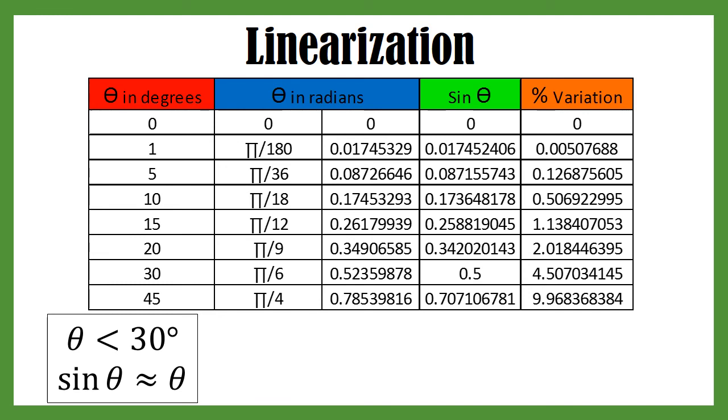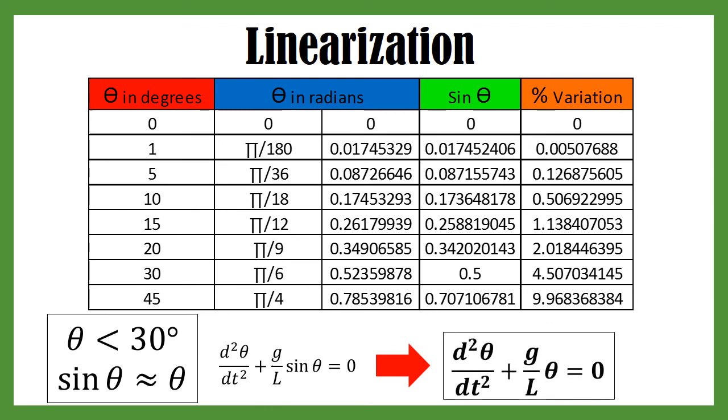Finally, we can substitute sine of theta by theta in our nonlinear equation to obtain a linear differential equation. Now, the equation that we are going to solve and analyze is the second derivative of theta plus gravity over length multiplied by theta equals 0.